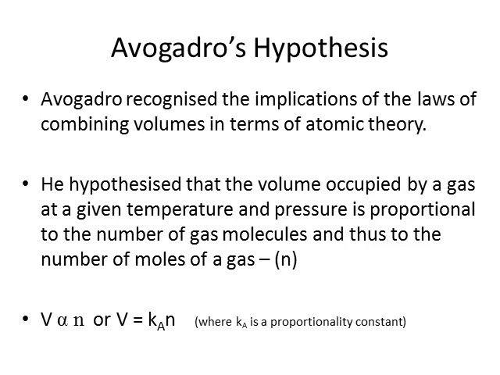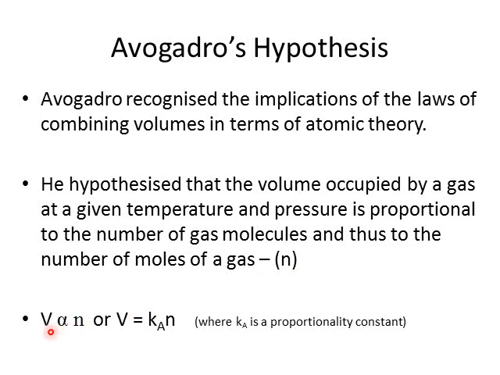So Avogadro then recognized the implications of the law of combining volumes in terms of atomic theory. He hypothesized that the volume occupied by a gas at a stated temperature and pressure will be proportional to the number of gas molecules or gas particles, and thus the number of moles of a gas, which is represented by the symbol n.